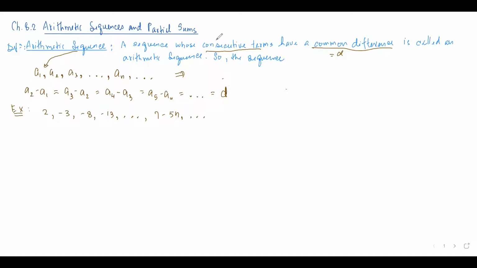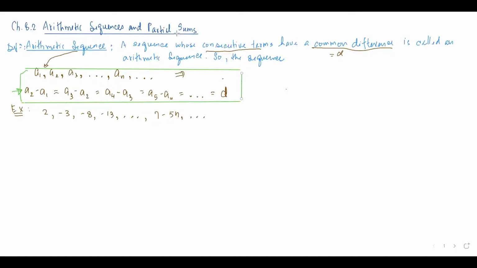It's one way to check whether this sequence is an arithmetic sequence. So you have to find D. If D, the common difference, comes out equal, then it's an AS, or arithmetic sequence.